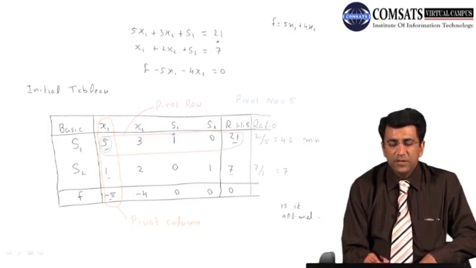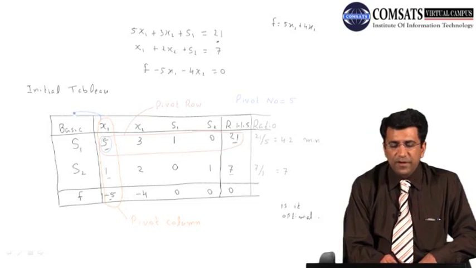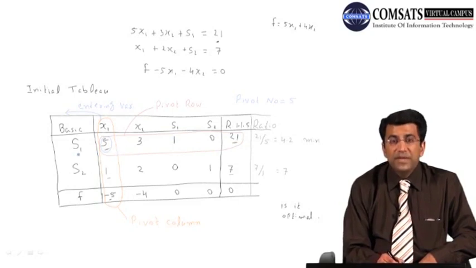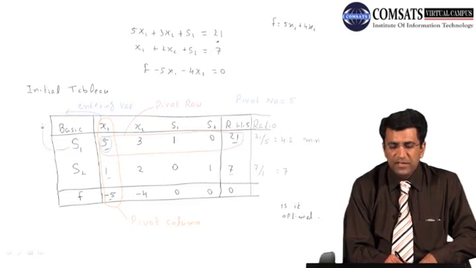So in that pivot column, the corresponding variable will be referred to as the entering variable. And in this pivot row, the corresponding basic variable, that is s1, is referred to as the leaving variable.